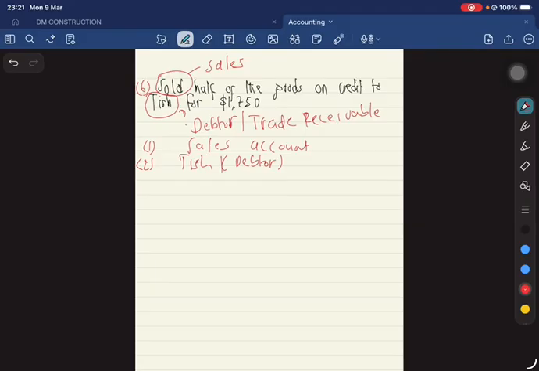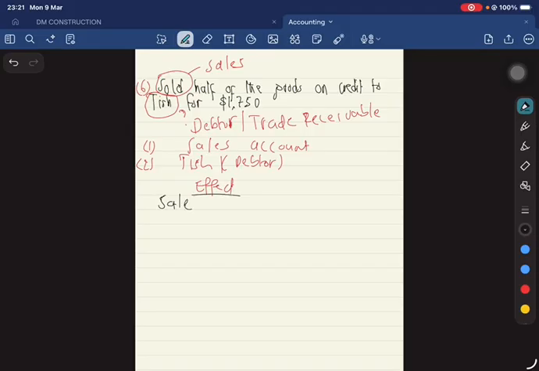Now let's look at the effect of this transaction. Before we draw the account, it was sold half of the goods on credit to Tish. So let's look at the effect on each of the accounts.